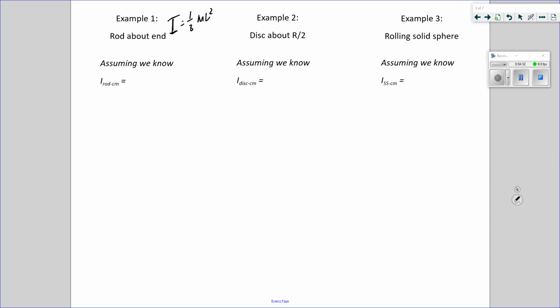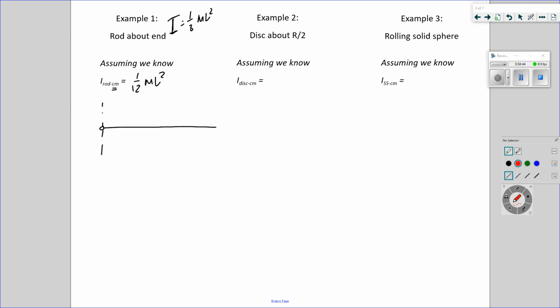So let's see, assuming that we know that a rod about its own center is 1/12 ml squared. Here's a rod rotating about an axis like this. Here's the center of mass axis, and here's our distance h. If this thing has a length L, then our distance h is L over 2.